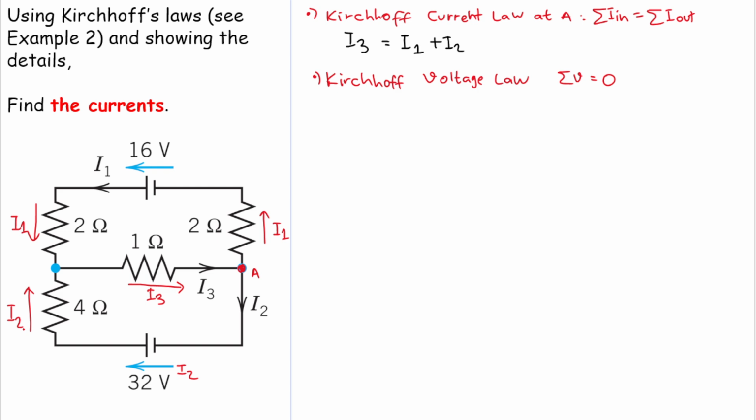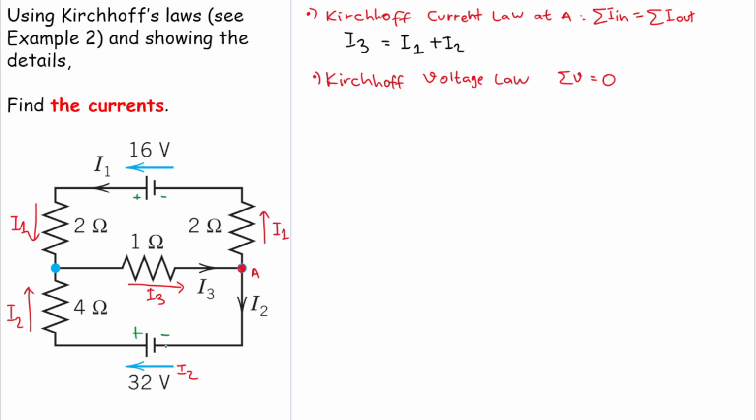Good. And aside from labeling the currents, we need to also label the polarity of the components. For the battery, the long one here is the positive terminal, and the short one is the negative terminal. Remember, the long one is positive, the short one is negative. Good.